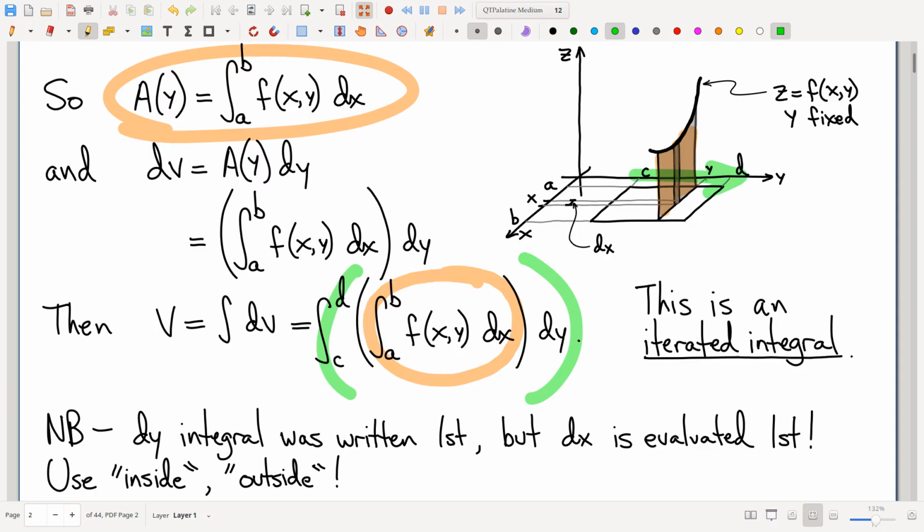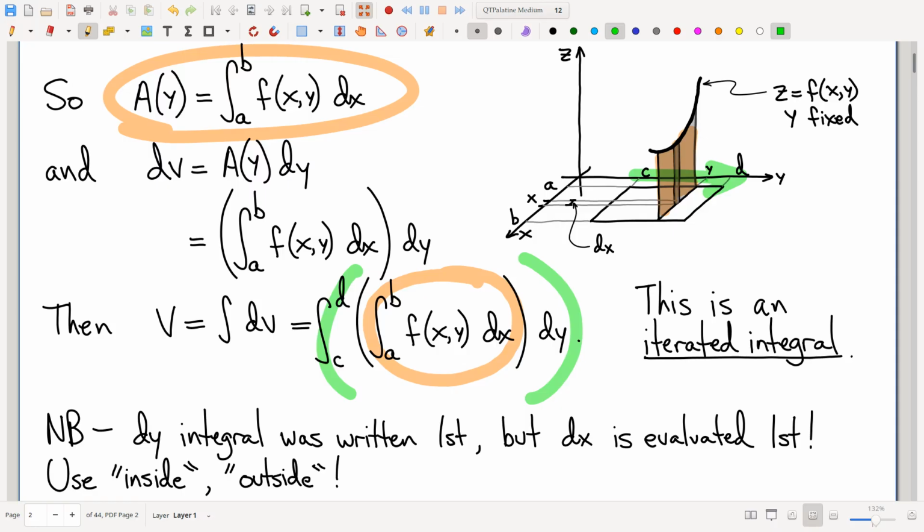As y goes from c to d, my integrand is this cross-sectional area for which I have a formula there. And what's weird about this is that means that I've got an integral whose integrand is itself another integral. And again, that's another creepy first-time experience, perhaps, for many of y'all to have an integral inside of another integral. So a little bit weird, but that's what we've got.